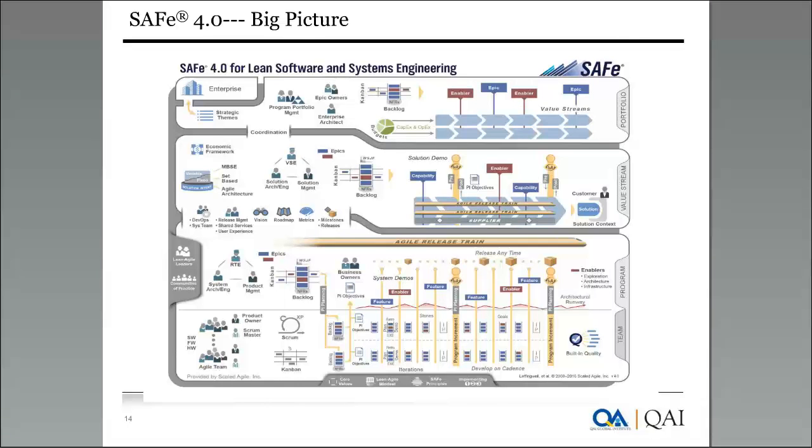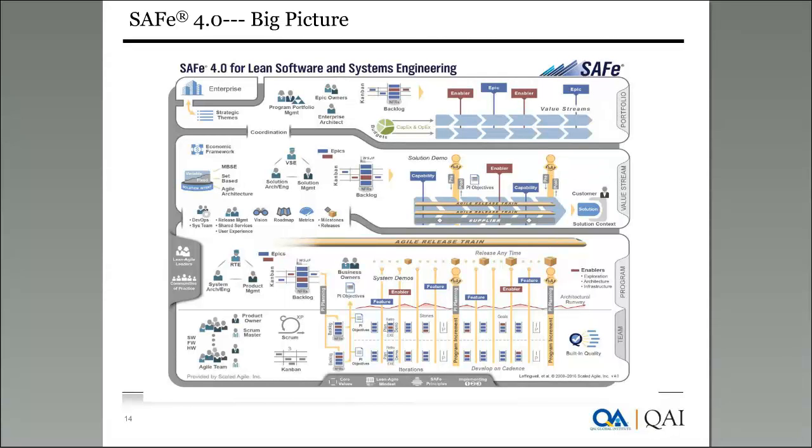And we will see different roles and artifacts at all the different levels. The lowest level is what we call the team level, and the team is the basic construct. There are roles like product management, system architect, and release train engineers at the program level, and similarly there are different value stream roles too.